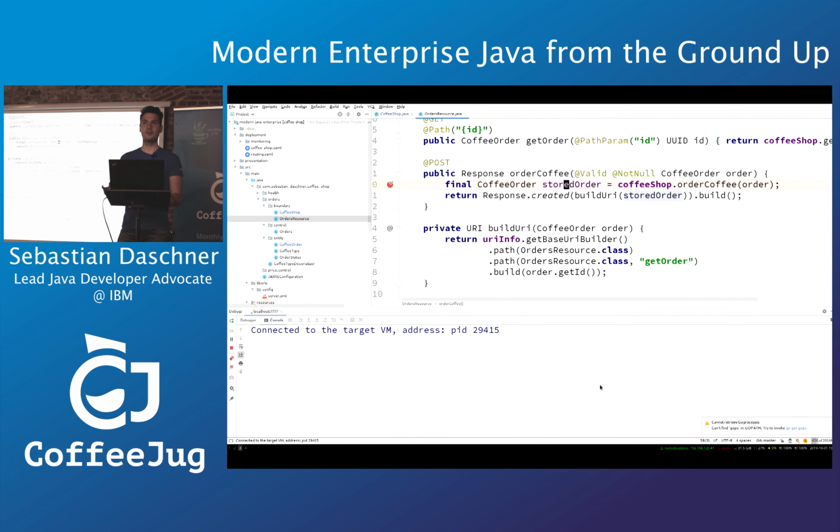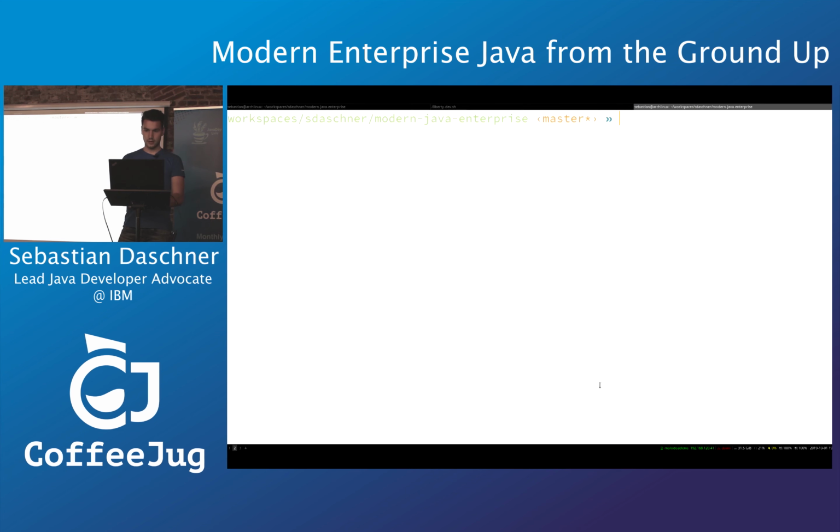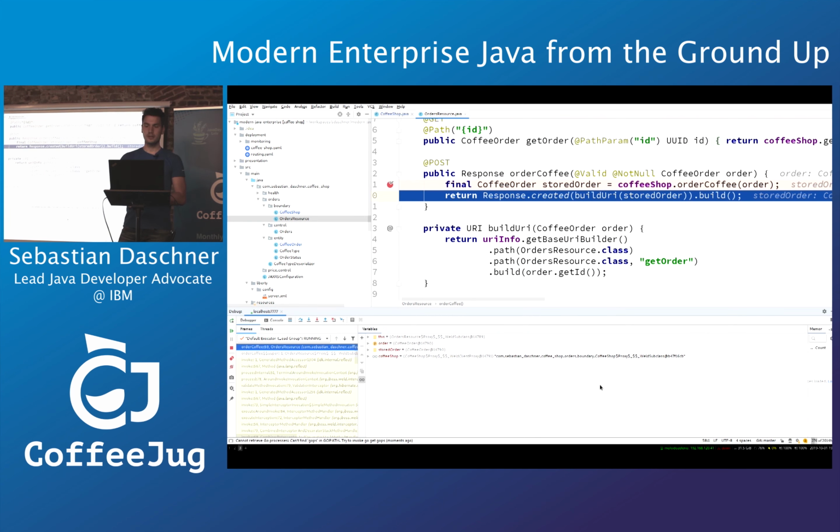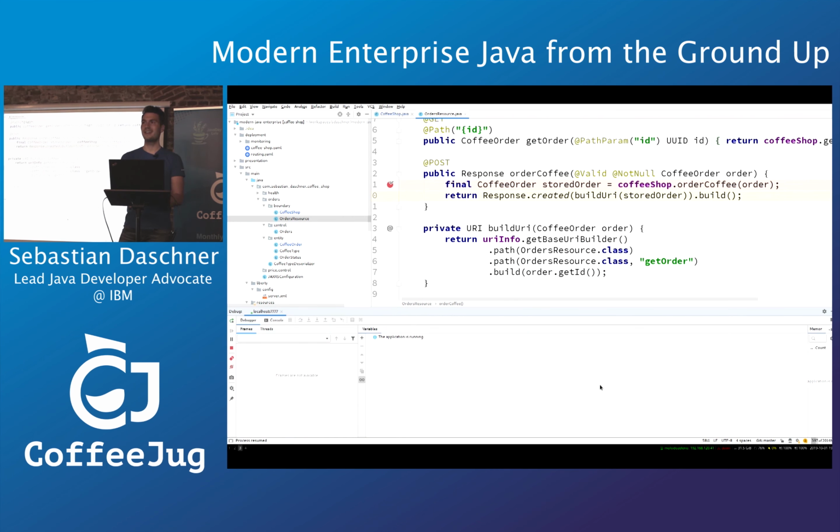I can attach to the port, and now I'm attached to my local running JVM that runs my OpenLiberty. And now if I say, go and order some coffee, that request is captured, and I'm here in my IDE, and I can step through, step over, and run and debug, and see my variables and my watchers and see what is going on. So I can live debug what my HTTP request is doing, which is very helpful locally.